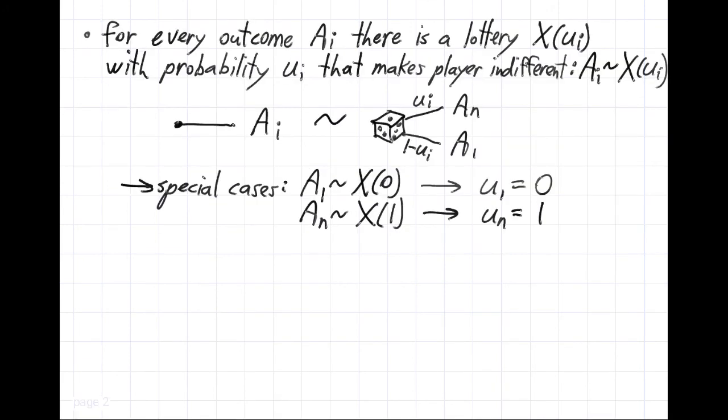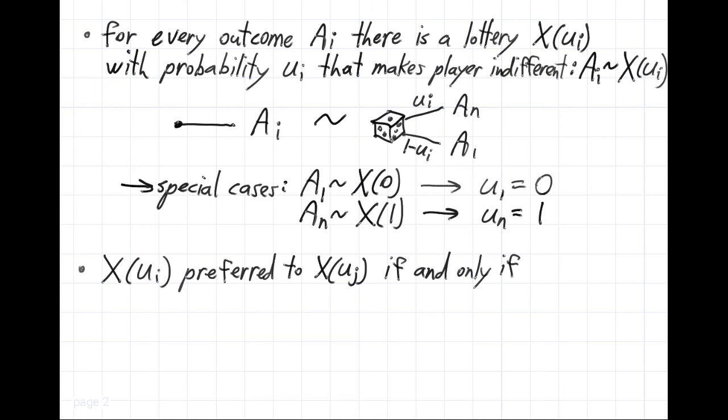Okay, and the next piece of reasoning that we need is that between two possible lotteries, let's say X of Ui and another lottery, X of Uj, X of Ui would be preferred to X of Uj if and only if the probability Ui is bigger than the probability Uj. This is just saying that the lottery with the bigger probability of paying the best outcome is preferred.